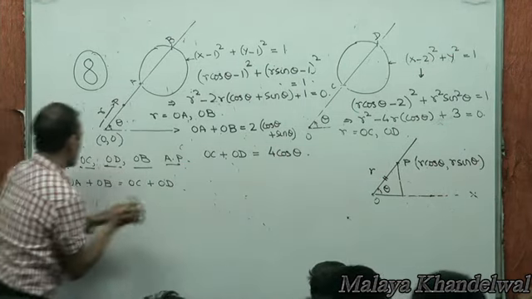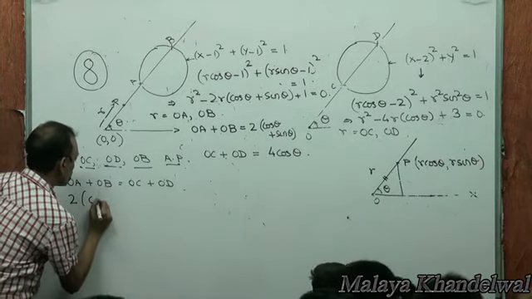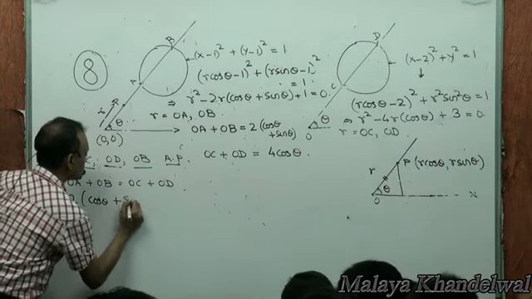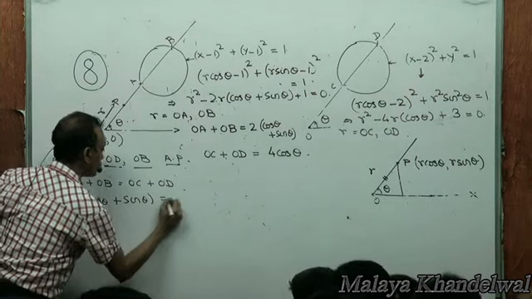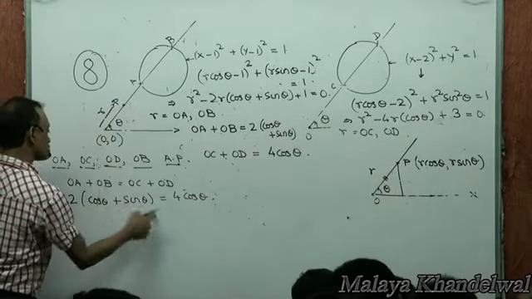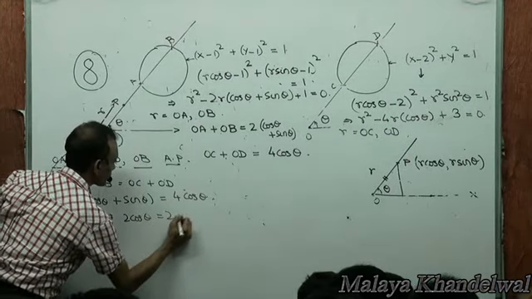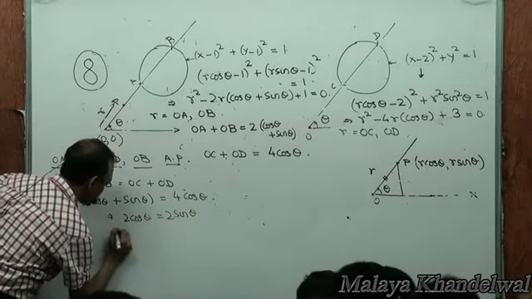And that means this OA plus OB is twice cos theta plus sine theta, equal to 4 cos theta. 2 cos theta is 2 sine theta, or tan theta is 1.